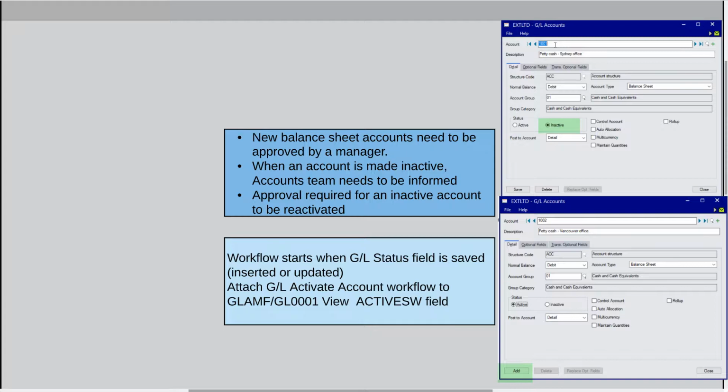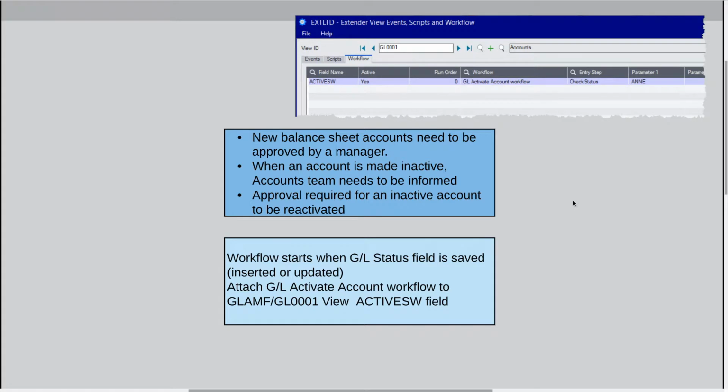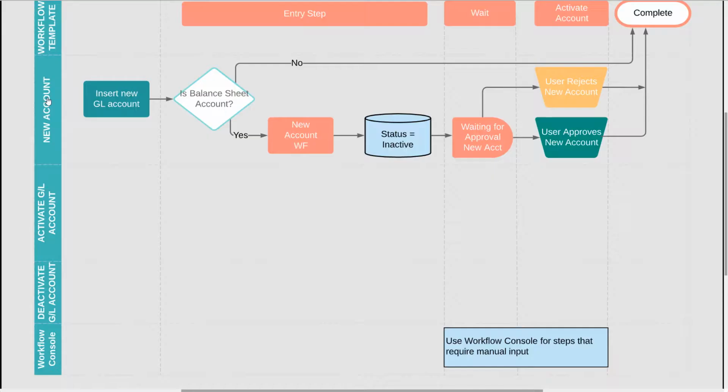To achieve this in one workflow template, we will attach a GL Activate Account workflow to the active field in the GL account Sage 300 view called GL AMF or GL 0001. For a new account, when a new account is inserted in Sage 300, we're going to check whether it's a balance sheet account.